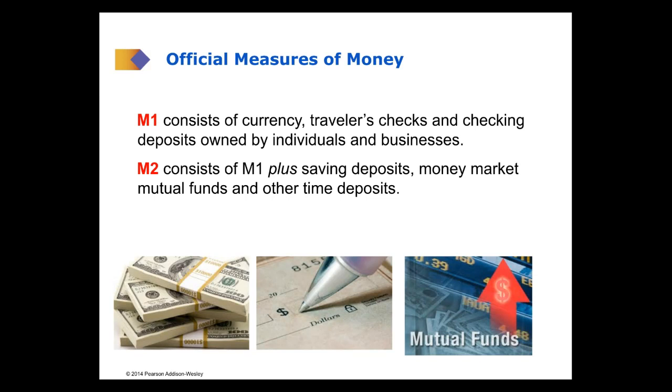Now, you can see this is a little bit outdated, because traveler's checks are not really something that I think even exists anymore in an electronic information technology economy. The need for traveler's checks is not what it once was. I'm not sure they even really exist anymore.